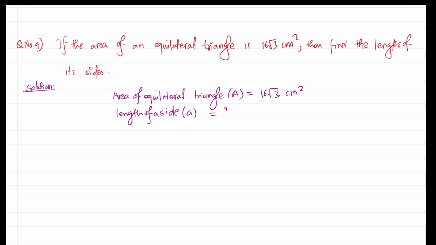A is to be determined. So we know the area of an equilateral triangle is root 3 A square by 4. Here the area is 16 root 3, over 3. A is to be evaluated.